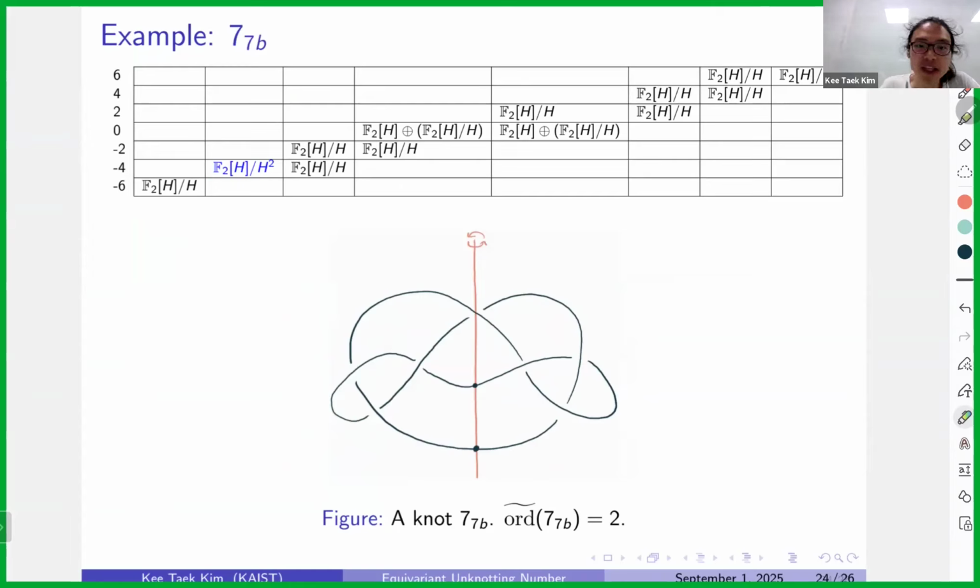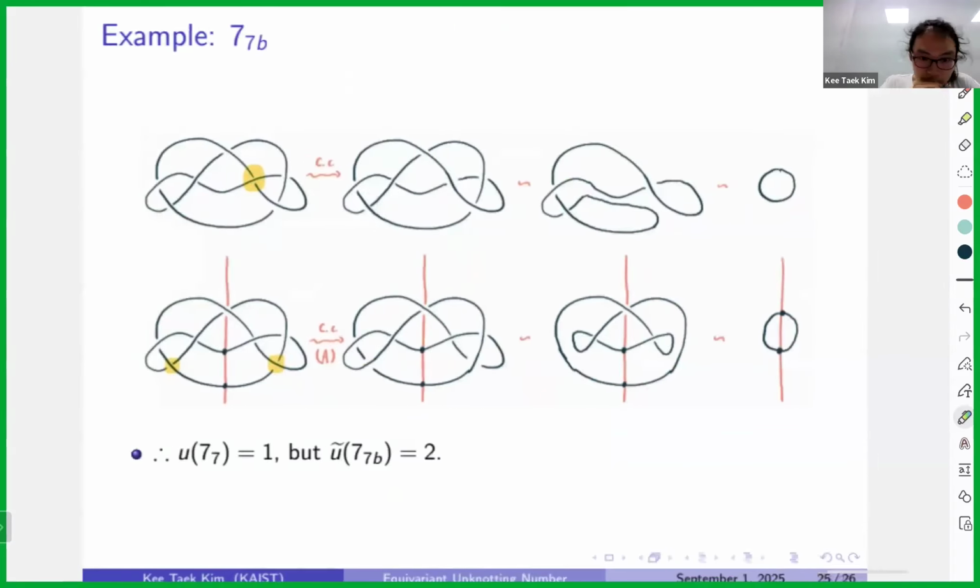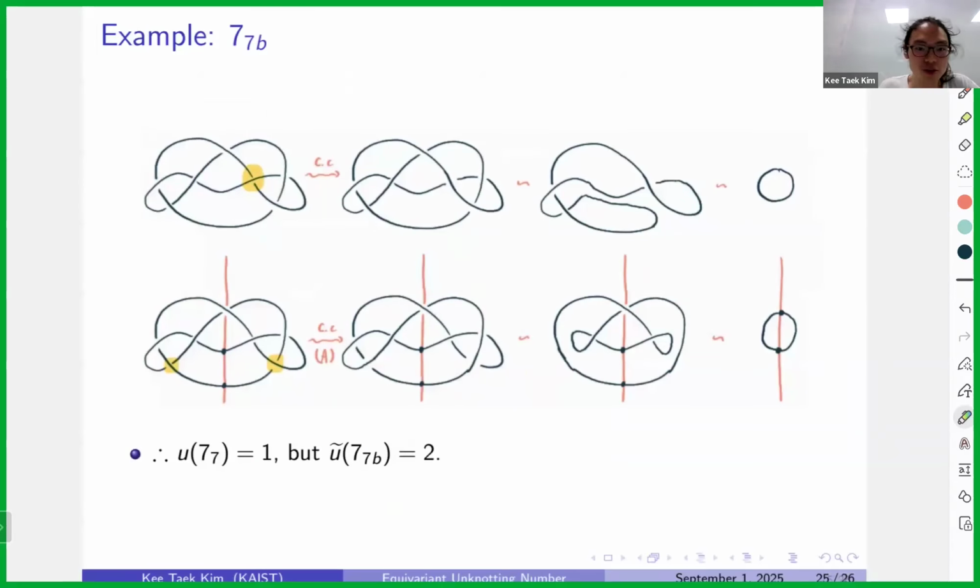That means we need at least two equivariant crossing changes to make this strongly invertible knot into the unknot. These pictures illustrate how we transform this knot into the unknot. In the usual sense, if we change this crossing, then you can check that this is the unknot, but as we computed the equivariant torsion order, it cannot be done by one equivariant crossing change.